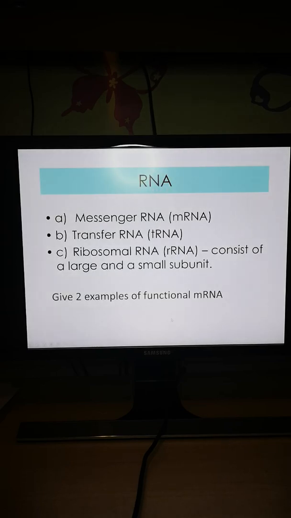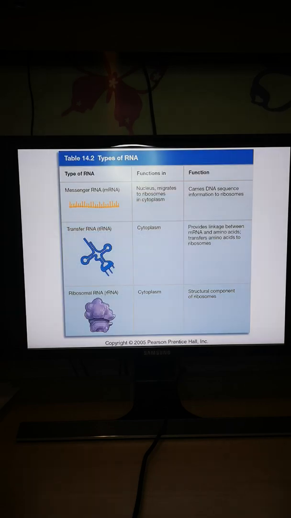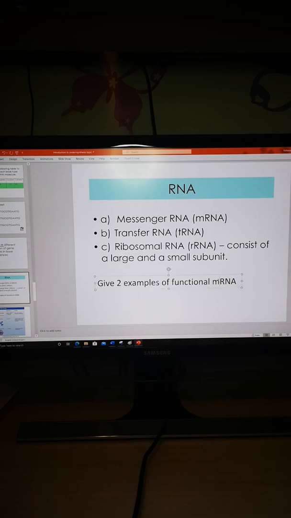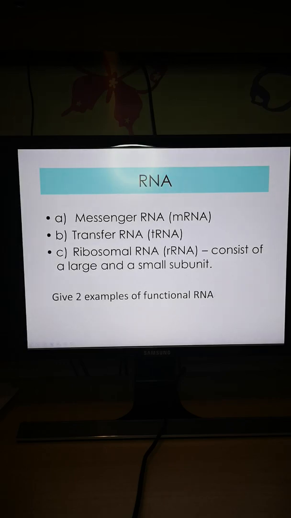The last thing we need to recap is our RNA. We know there are 3 different types of RNA. We might be asked to give examples of functional RNA.